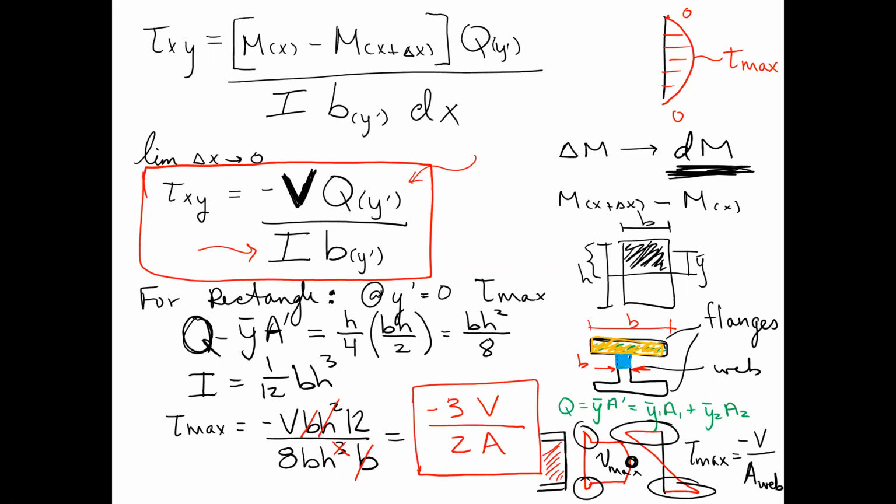It's slightly less than this, so this will give you a conservative approximation of the demand. If you calculate the negative of the shear from your shear diagram and then just divide by the area of the web, that will give you a conservative estimate of your shear stress. So those are two shortcuts.